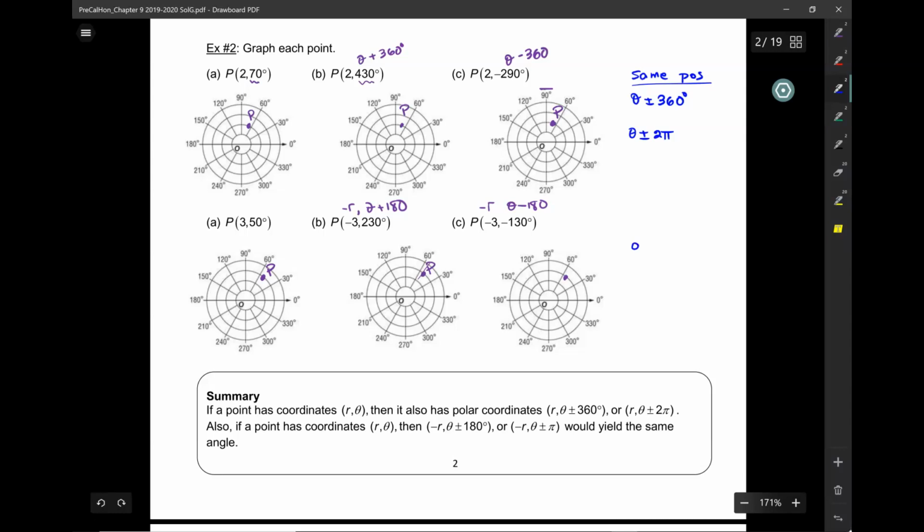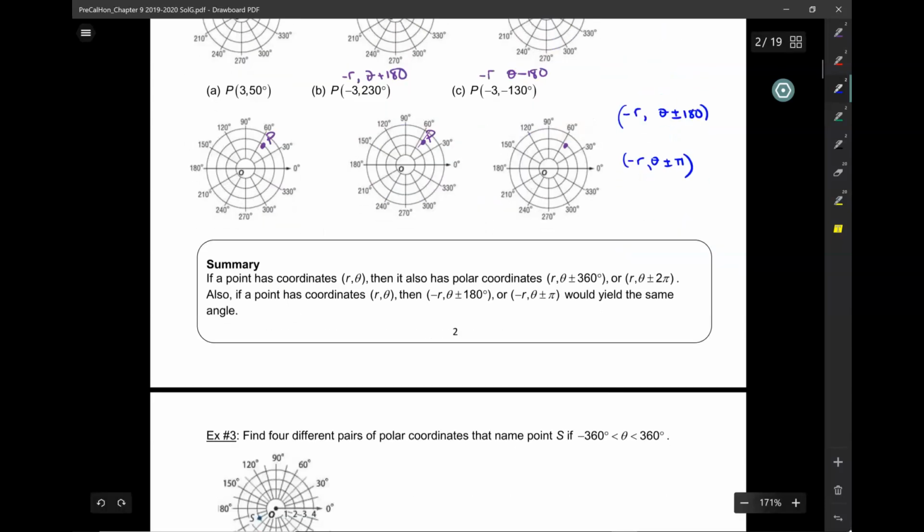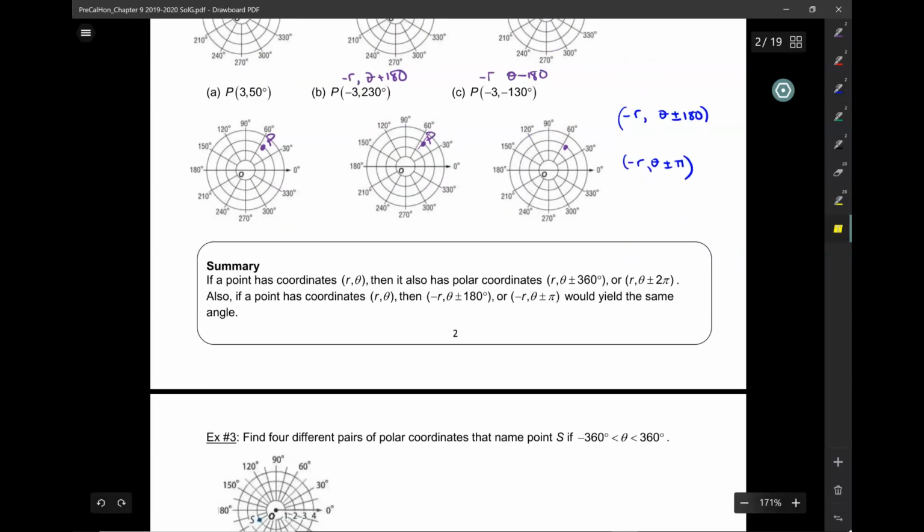Or I could do negative r and add or subtract 180 or pi. Okay? And here I've got the same thing, that it would yield the same angle.